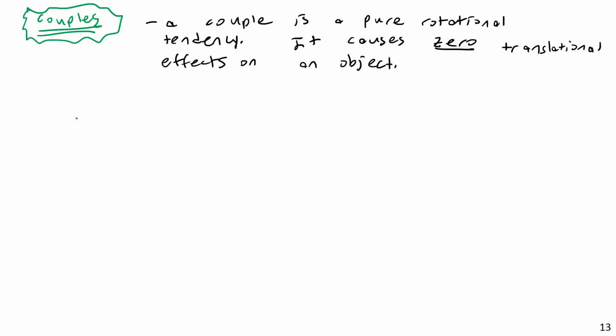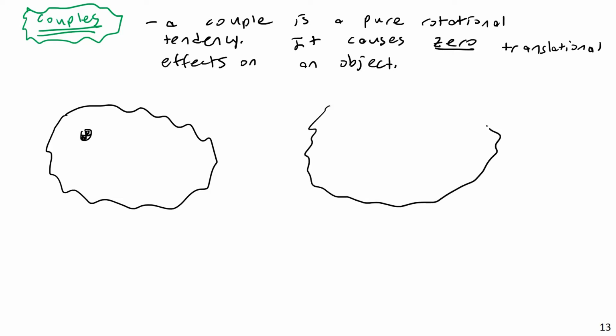So what I want to do is, let's say I have a body, I'll just draw two. I'm not going to try to make all the wavy lines look the same, but just trust me that these are the same body. Let's say I'm going to turn this into this.